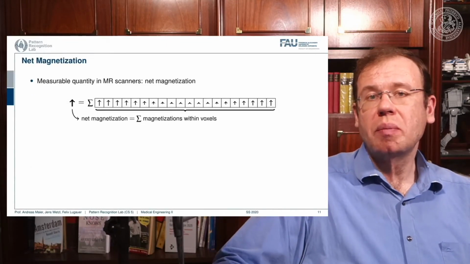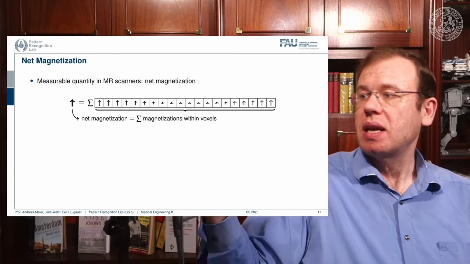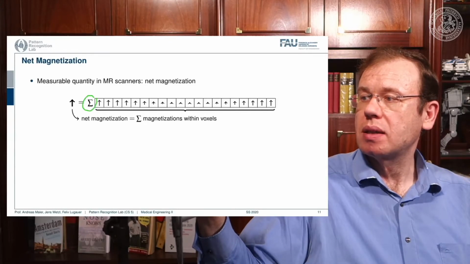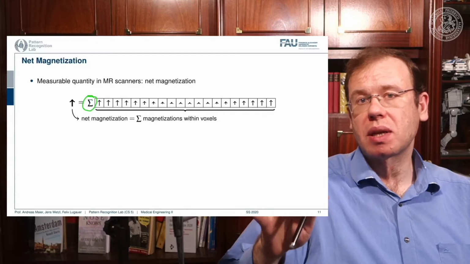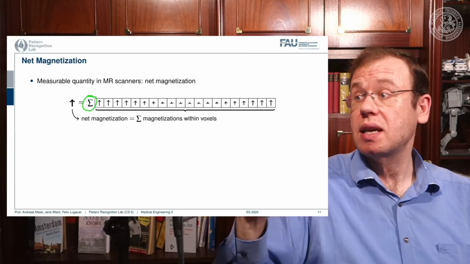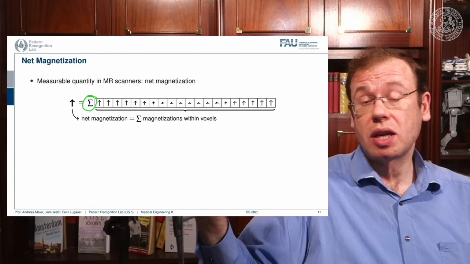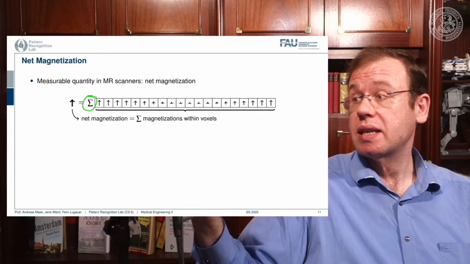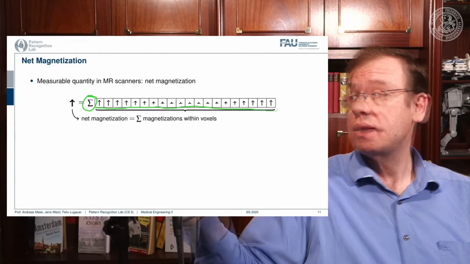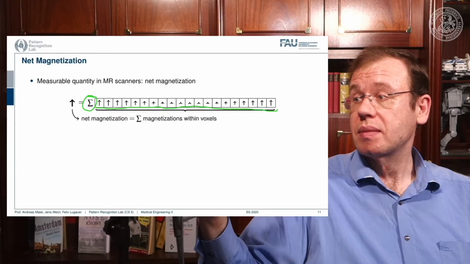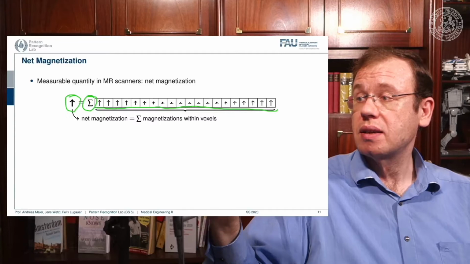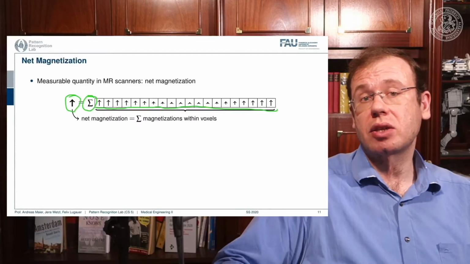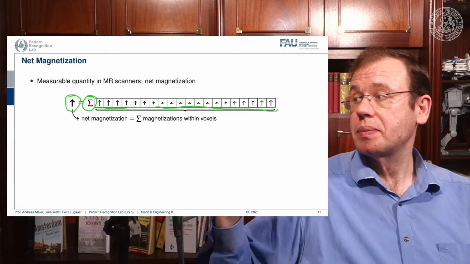Now, if I were to measure, what I would measure from this set of voxels is essentially a sum. I get the superposition over the entire 2D slice, but let's stick with the 1D example first. My measurement is not able to resolve spatially. So I get the sum over all these net magnetizations, and because they all point in the same direction, this gives us a net magnetization that now points towards the top.